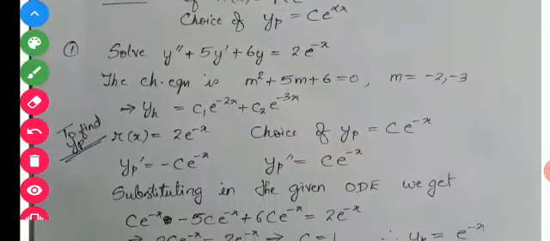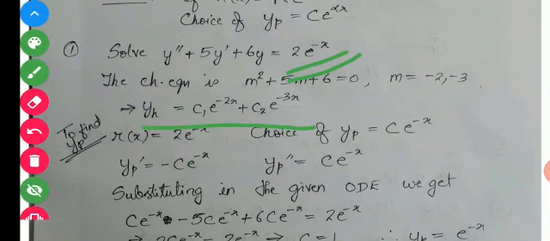So for example, in this given question, what is the right hand side you have? You have the right hand side as 2 e raised to minus x. Your yh you are actually getting as c1 e raised to minus 2x plus c2 e raised to minus 3x. Suppose your right hand side was 2 e raised to minus 2x.